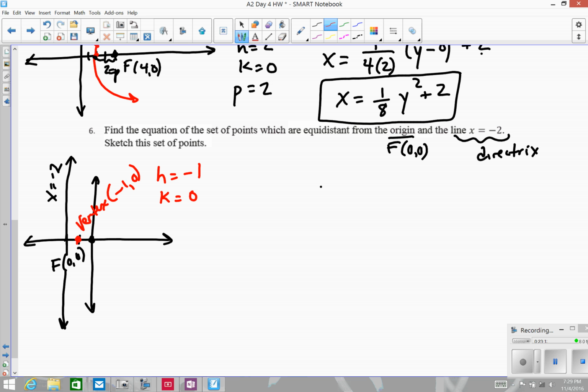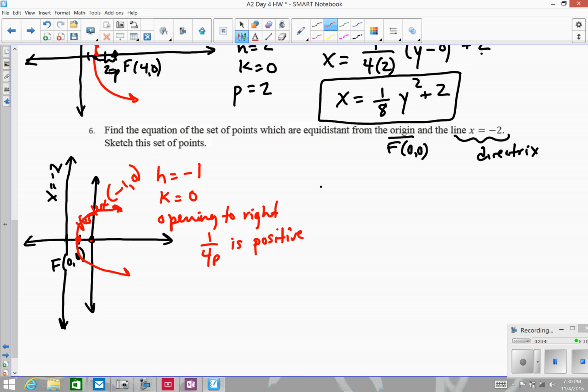And from the vertex, this parabola is going to curl around the focal point right here. That means we're opening up to the right, so opening to the right, 1 over 4p is positive.